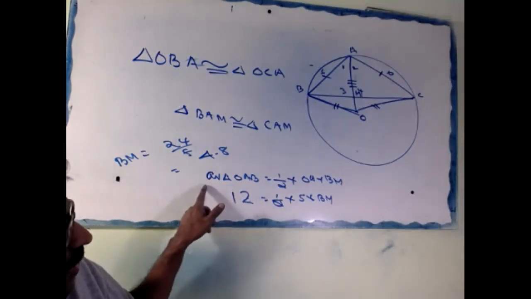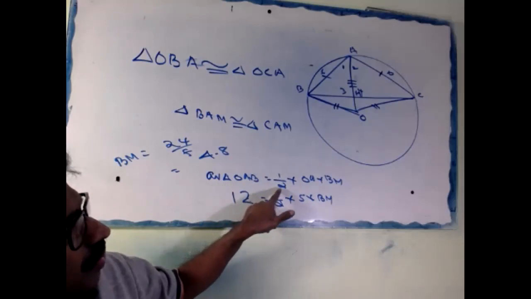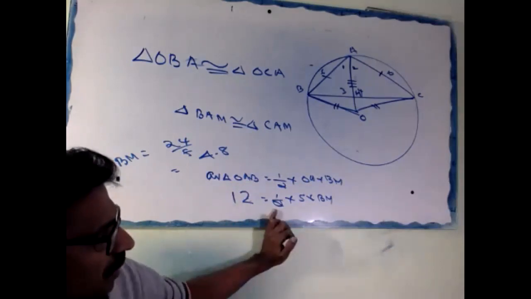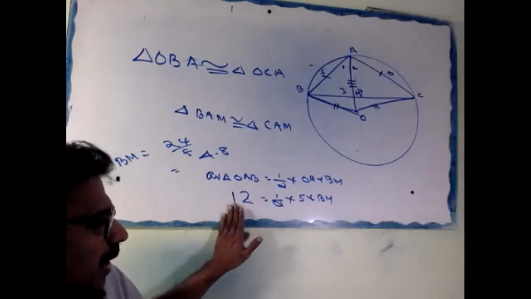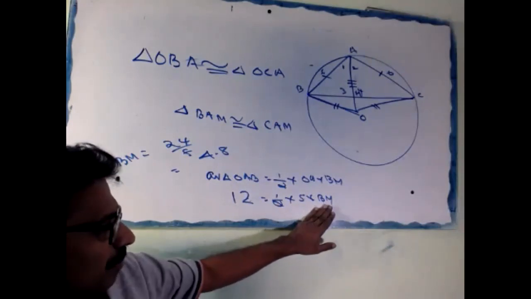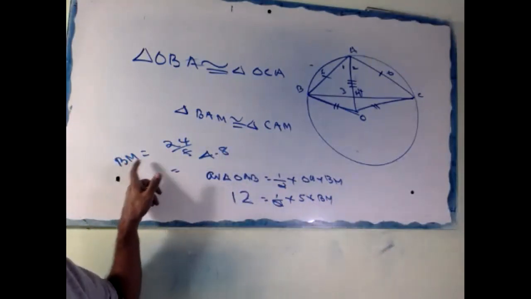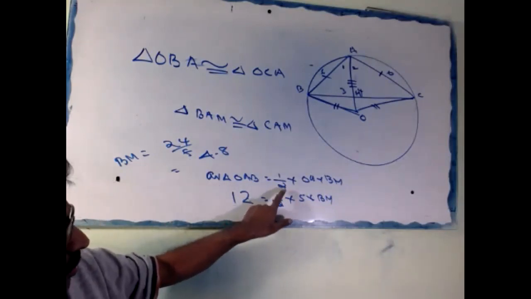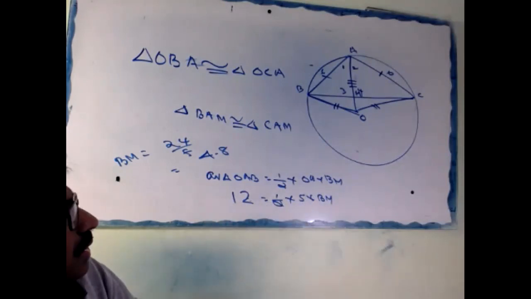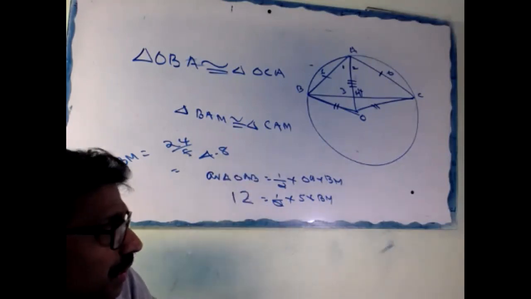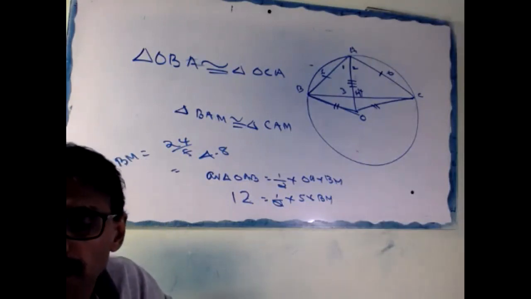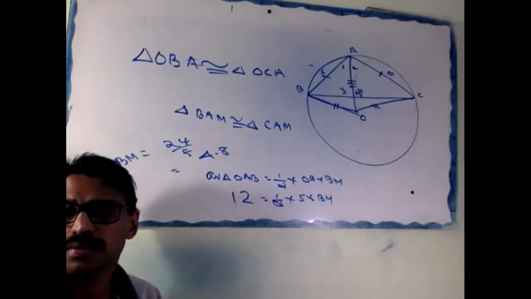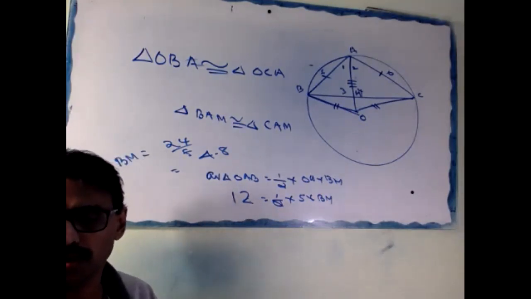So area of triangle OAB equal to half OA base, BM is the altitude. 12 equal to half into 5 into BM. Therefore, BM equal to 24 by 5, that is 4.8. And BC equal to what? 4.8 into 2, that is 9.6. Okay, clear now?